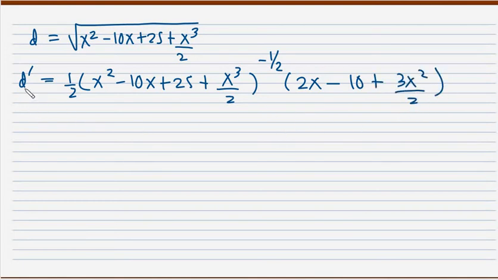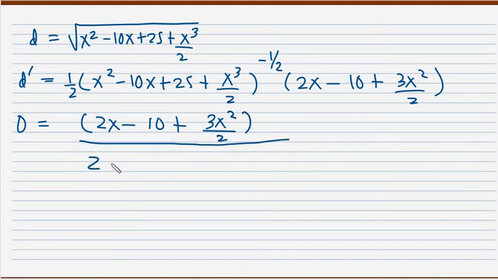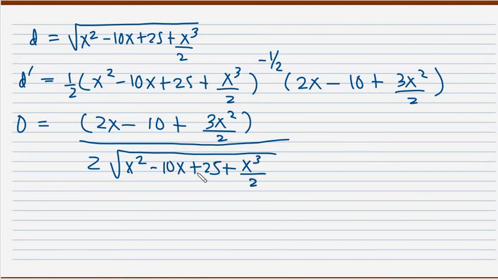We will equate this to 0. So we have 1 over 2 times the square root of x squared minus 10x plus 25 plus x cubed over 2, times (2x minus 10 plus 3x squared over 2).